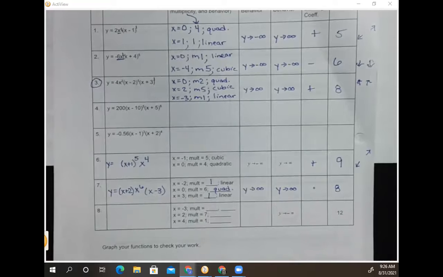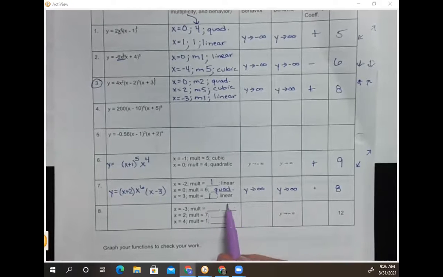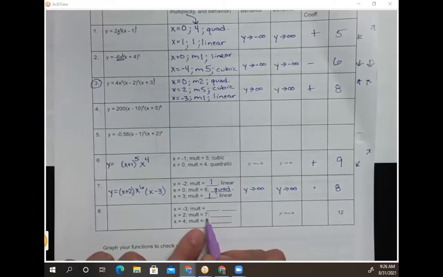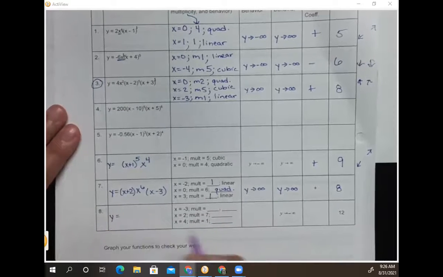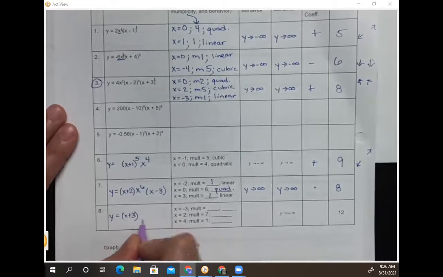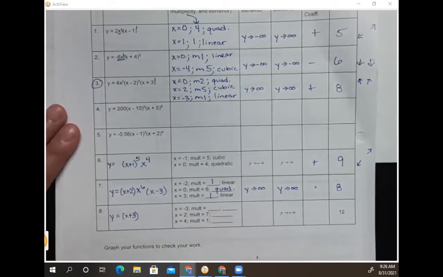Let's try one more. For number 8, they've left off the multiplicity and the behavior for this first x-intercept, but they gave me the degree. So I can figure this out from the degree. Let me write my function. I've got x plus 3 as a factor. I don't know its exponent right now.